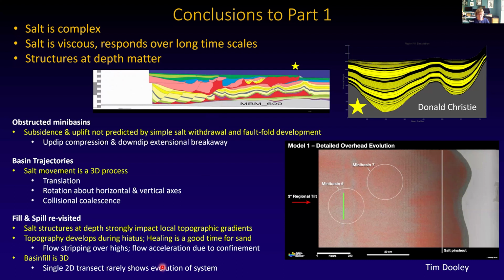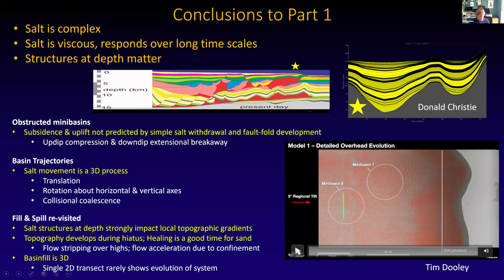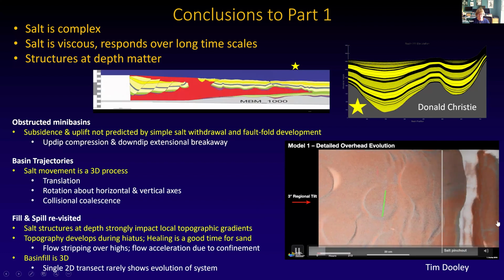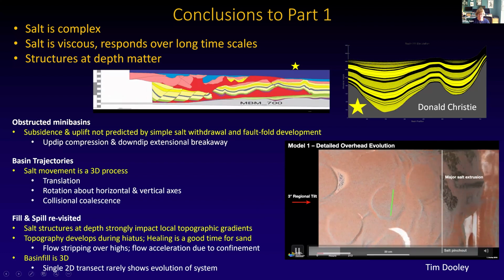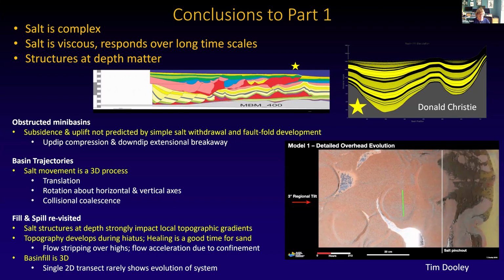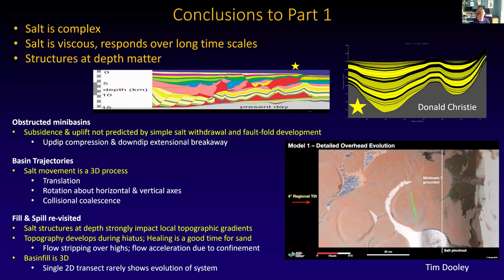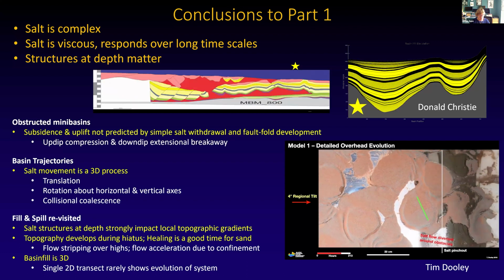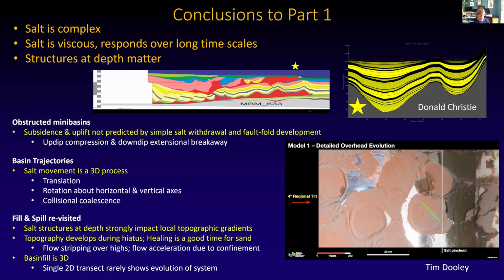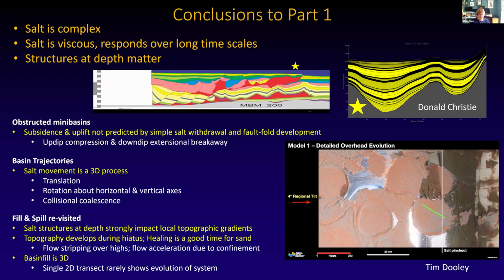Salt moves, whoops, I'm just going to change my pointer so that I can actually activate Tim Dooley's wonderful physical model here, upon which we rely always. It moves not only downslope, rapidly often, over quite long distances, but as you will see, these basins actually rotate too, because the salt is being diverted around other obstacles, and so salt moves in 3 dimensions.